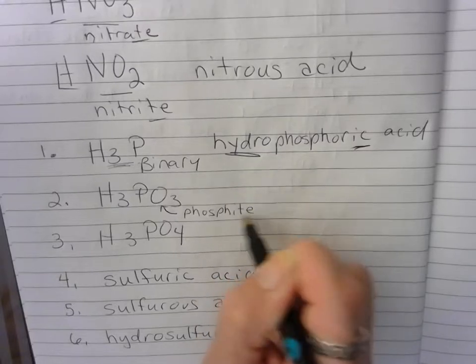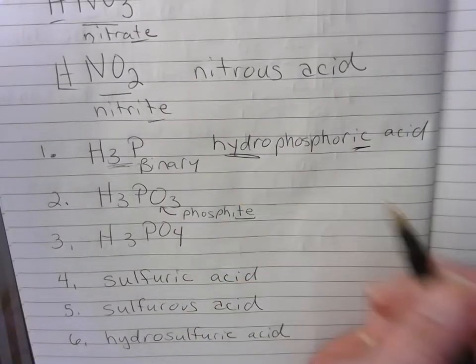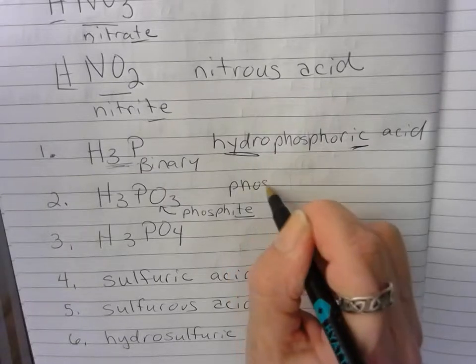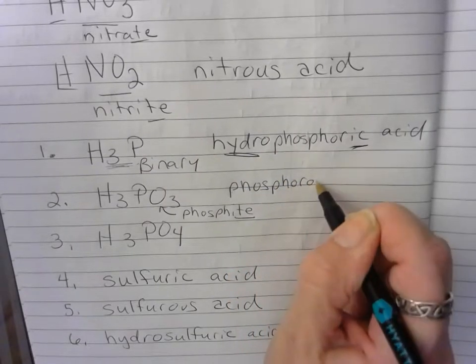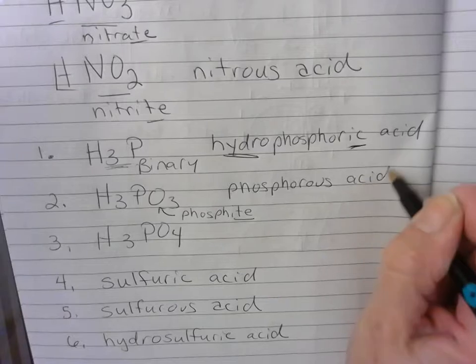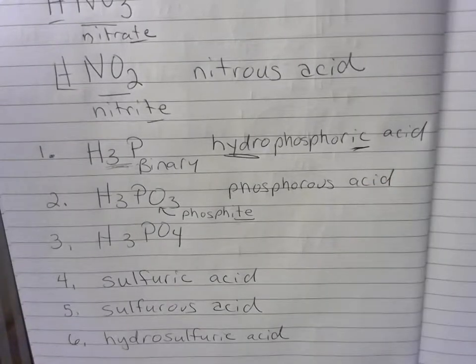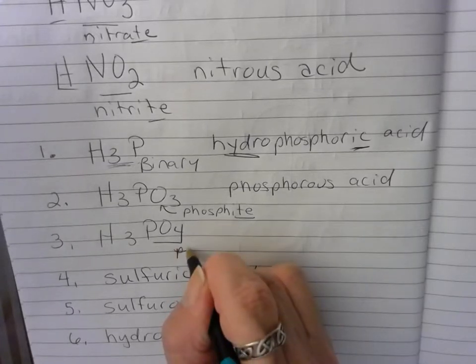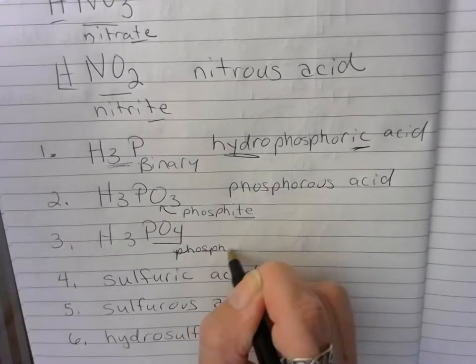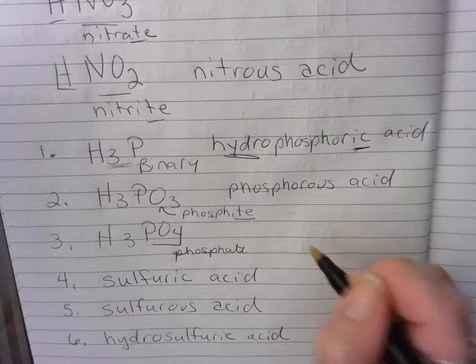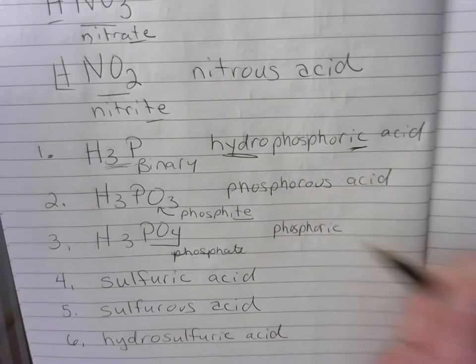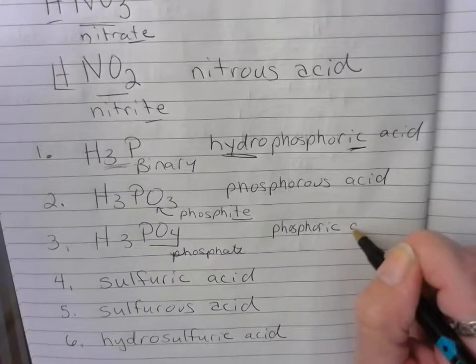So that means it is phosphorus acid. Okay, this is another polyatomic anion. It is the phosphate anion. So it is phosphoric acid.